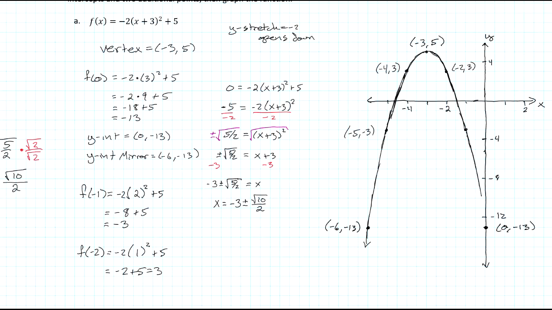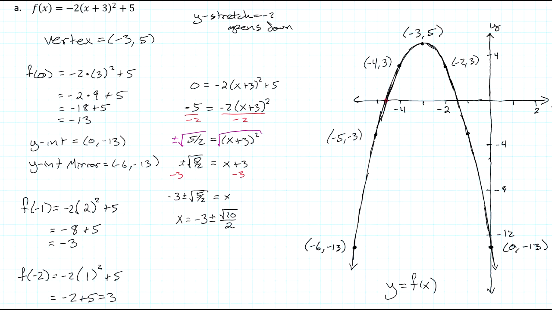I'm super careful about being symmetrical when I'm doing this. So this is y equals f of x, and those x-intercepts, they are right here. So I don't even need to know what those approximations are.